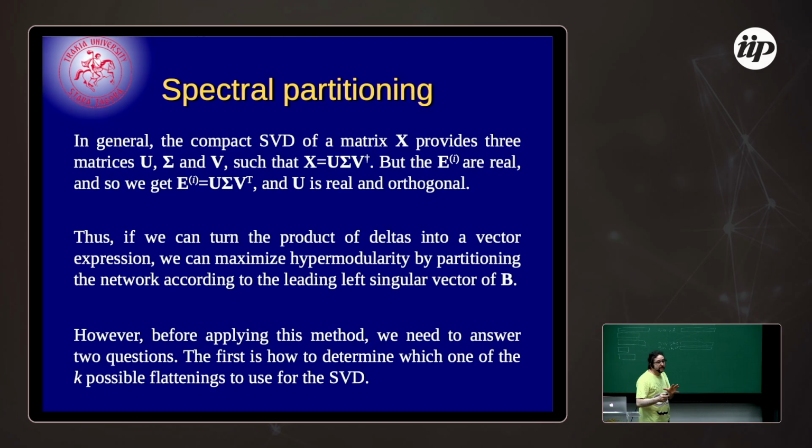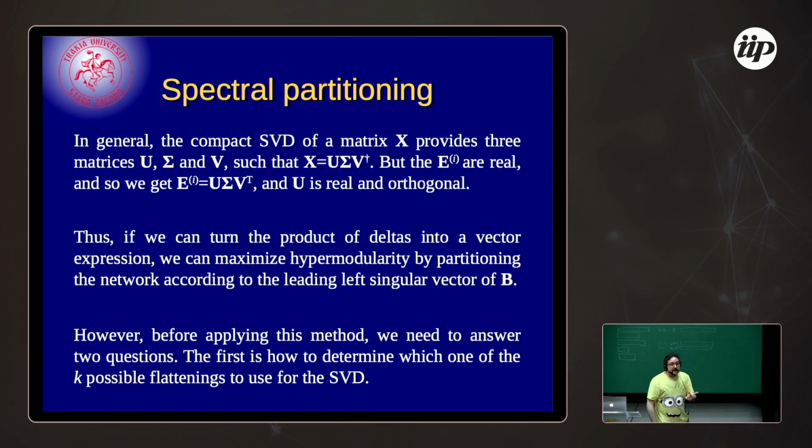But why do we want to do this? And then we go back to the problem, is this. When you do the compact SVD, normally you end up with this result, that your matrix X gets cast as a product, like U sigma V dagger, Hermitian conjugate, over there. Sigma is a diagonal matrix containing the singular values, by the way.